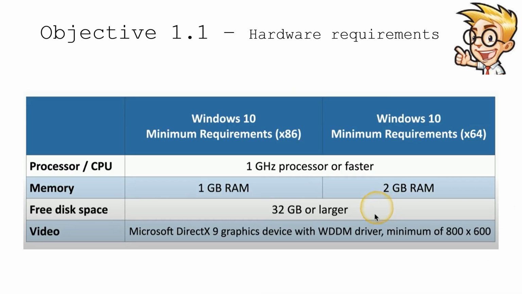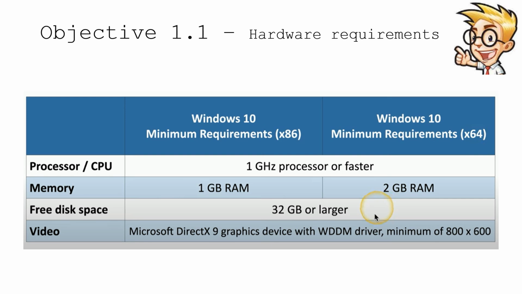There are two different versions of Windows 10. One is x86 or 32-bit, and the other is 64-bit or x64. So you need different architectures of CPUs to run the different ones that are appropriate for the one you need. Both need at least a gigahertz or faster. The RAM requirements are different.